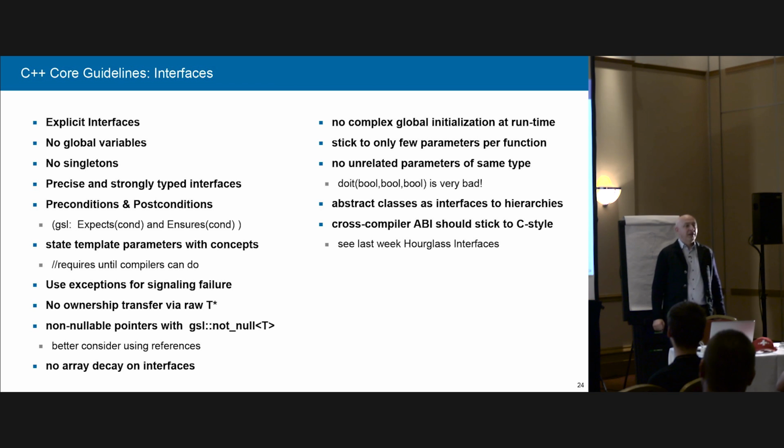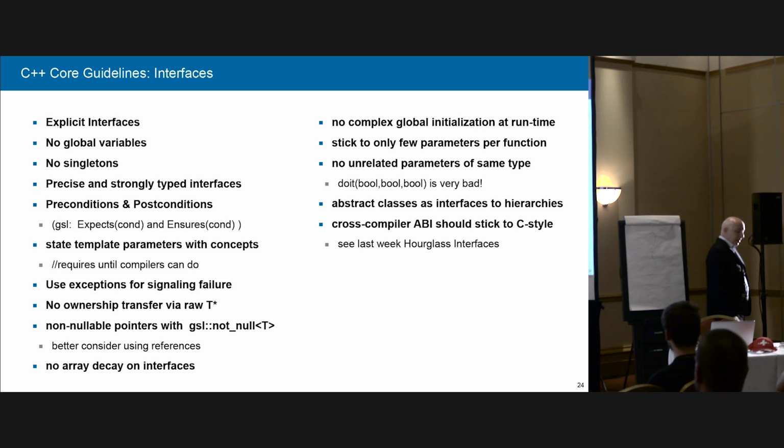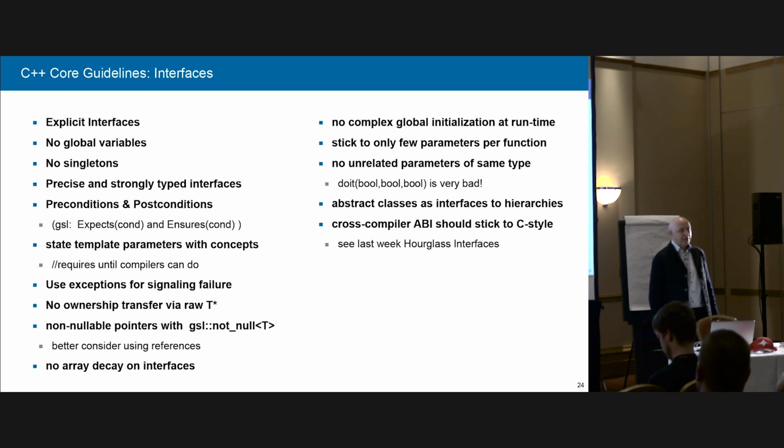Because they are global variables in disguise. And the only reason they came about was dynamic initialization of global objects, where you couldn't be sure they would be initialized in the right sequence, which is still true in C++ across compilation units.